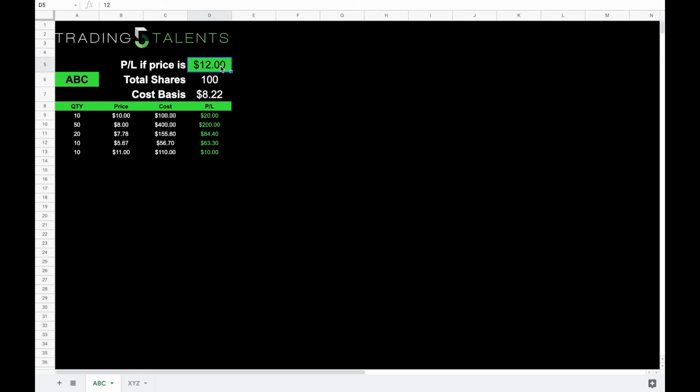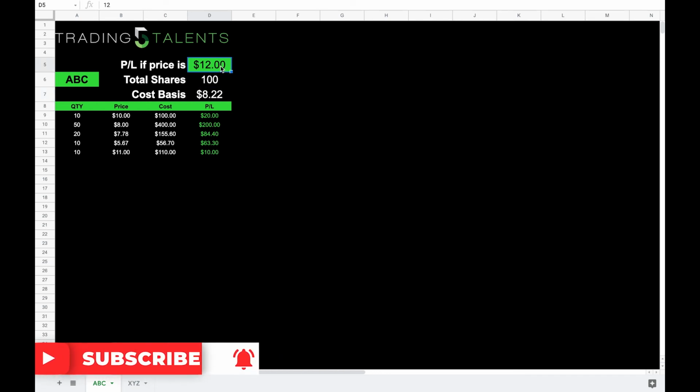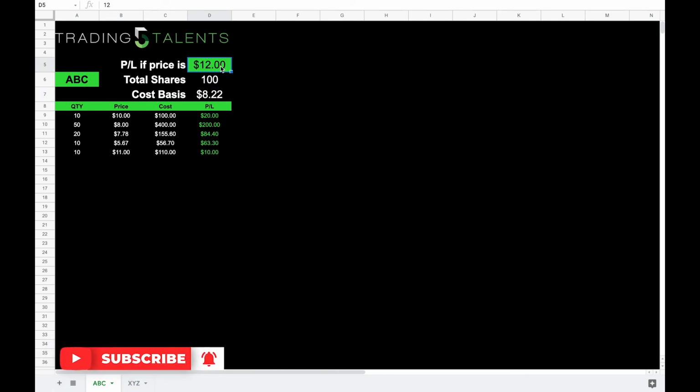So if I sell a covered call on these shares that I own, and I can because I have 100 of them, then I know I need to sell it at or above my cost basis. So let's say I sell it for $8.50. Then I will see overall, I will lose $15 on this lot, I will lose $25 on this lot, but I will gain money on these lots in here.